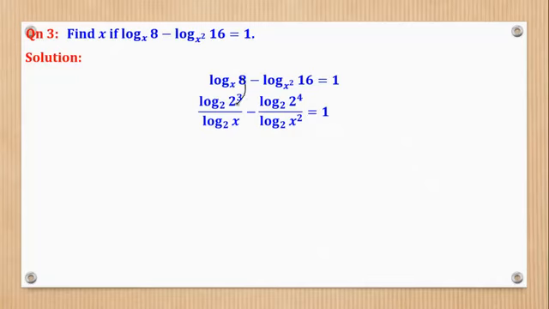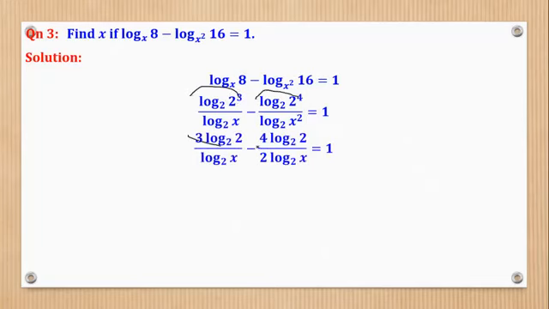So this 8 is 2 to power 3 and this 16 is 2 to power 4. Then next I'll use rule 3 to bring the power down. Also here bring the power down. Bring the power down here also. So multiply throughout by log of x base 2 and it will come up with this.